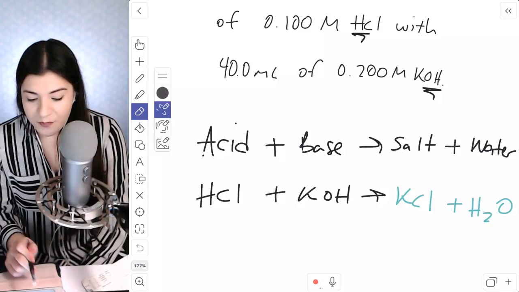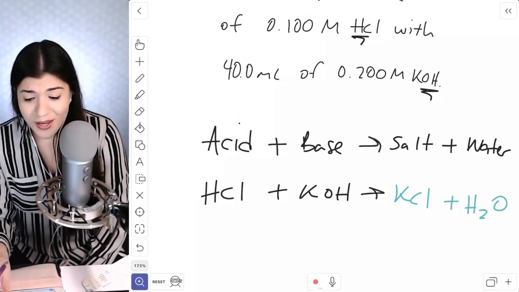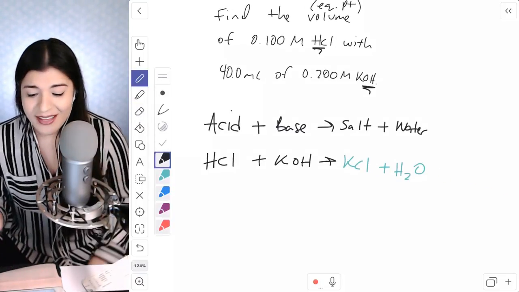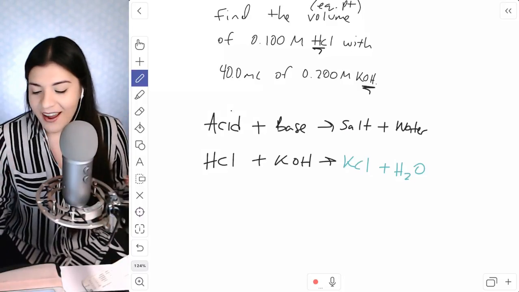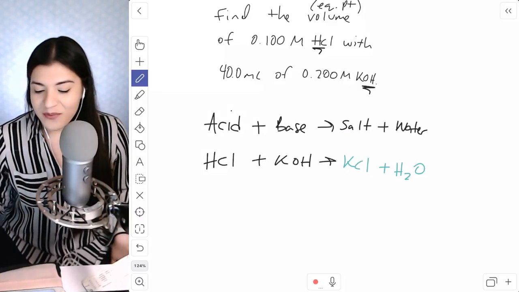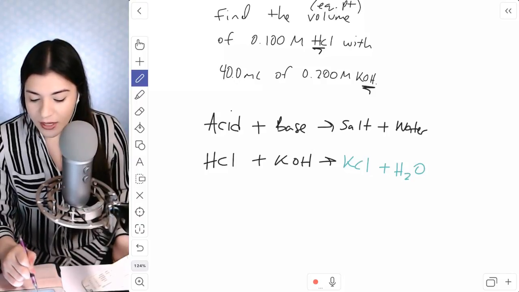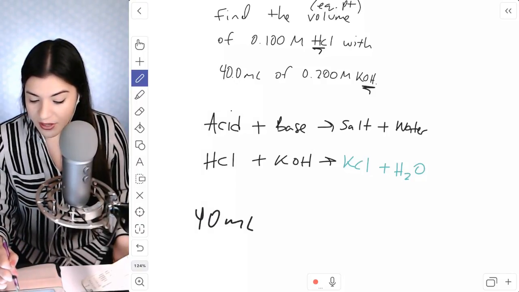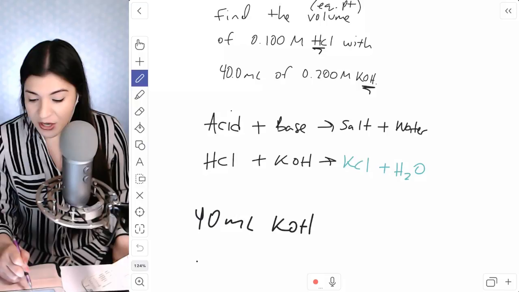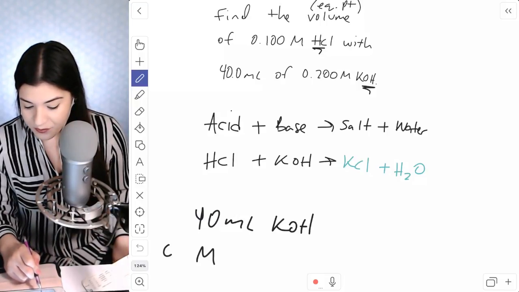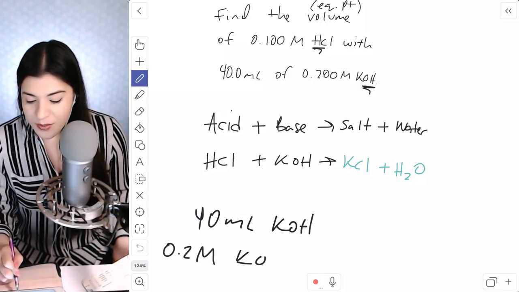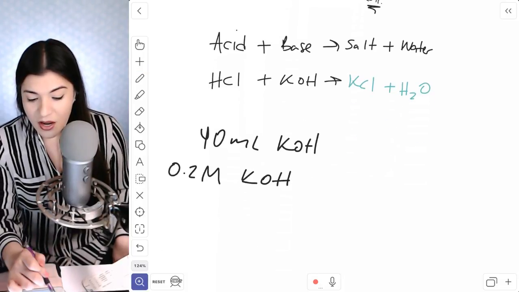All right, now let's figure out what we have, what we're given, and what we're trying to find. Now that we have our balanced equation, we have 40 milliliters of KOH. We also have the molarity of KOH, and molarity is going to be used as a conversion factor.